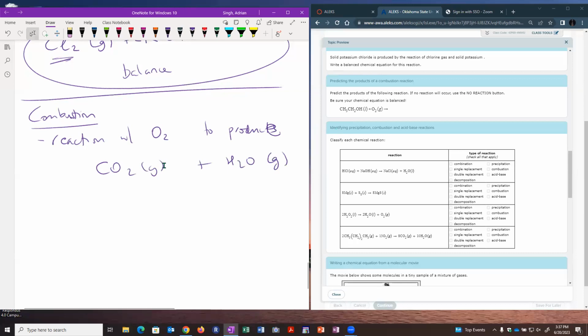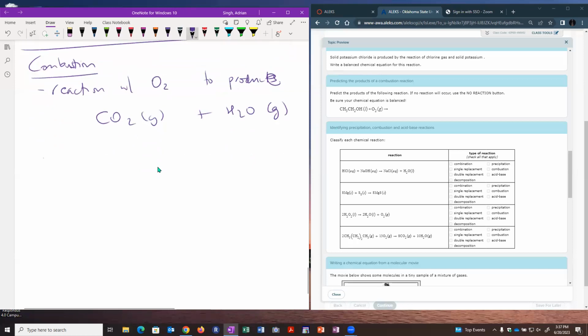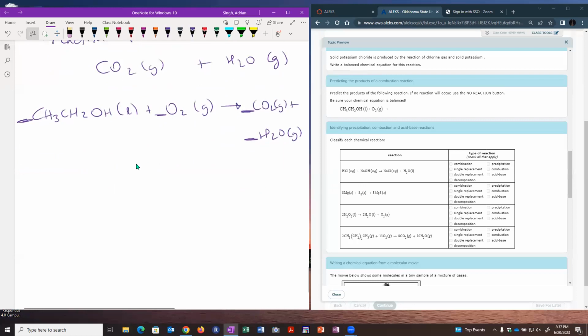So all we need to do here is to go ahead and write out, we have CH3CH2OH, that's a liquid, reacting with oxygen, and then our products here would be CO2, and then we also get H2O. And then you would need to insert your coefficients to balance this equation, right? You get lots of practice in this chapter with balancing equations. You'll apply it in this particular problem.